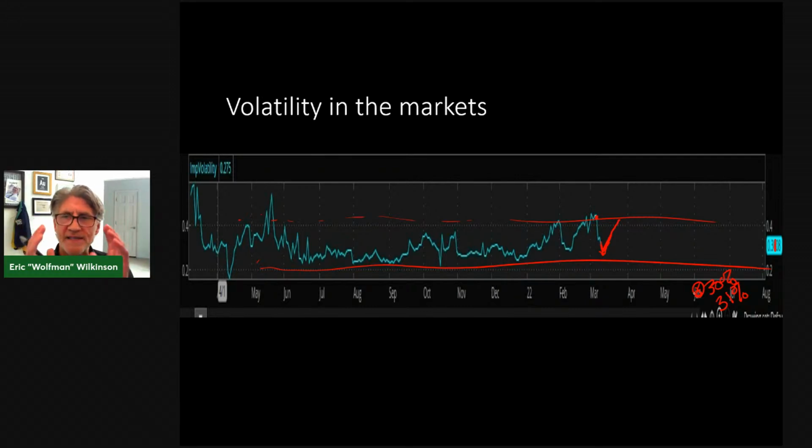So when I'm looking at Tesla, I have to look at Tesla's implied volatility. I don't look at Tesla's implied volatility against Facebook's implied volatility. That's apples to oranges. I need to look at Tesla's implied volatility to determine if Tesla's options are cheap or expensive.